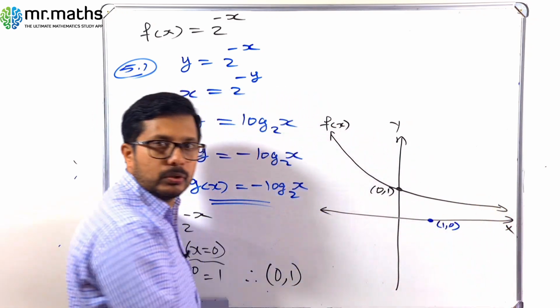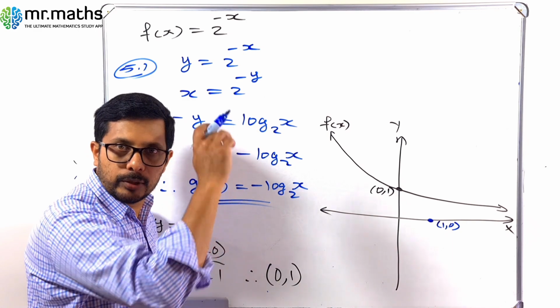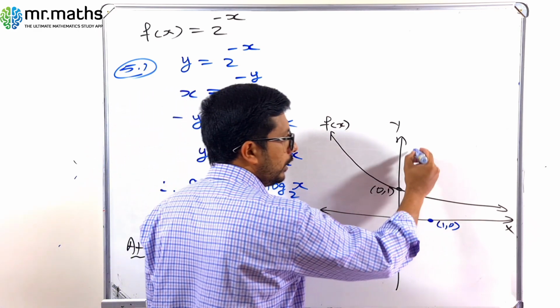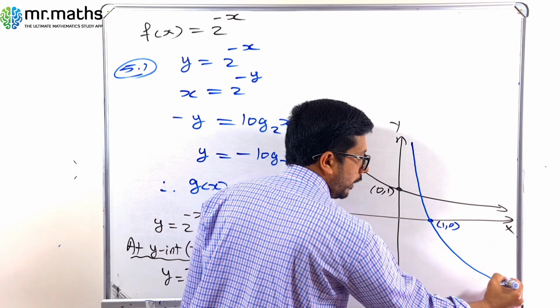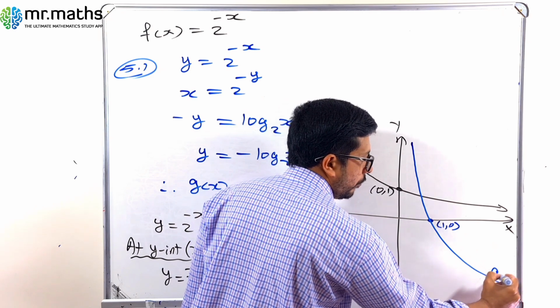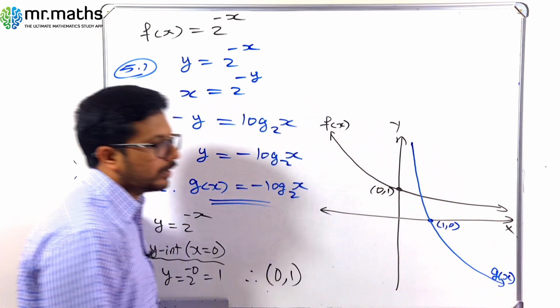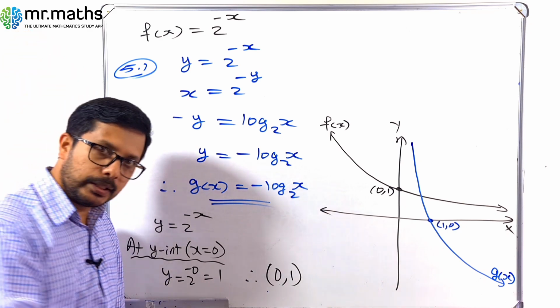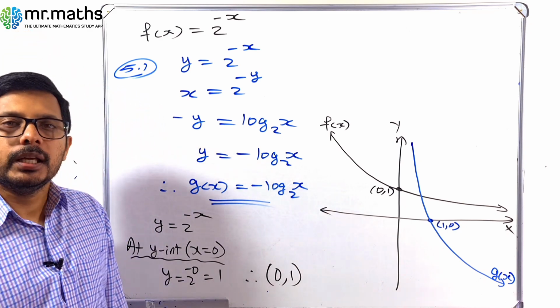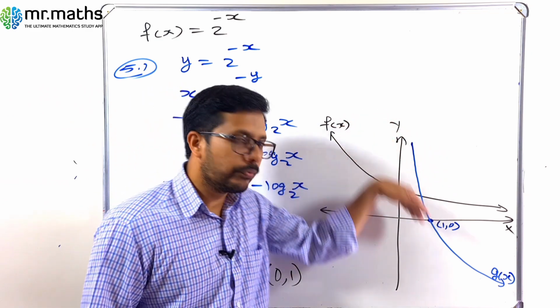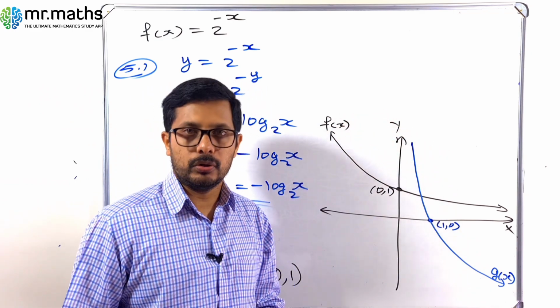So when you draw the inverse graph, it must be decreasing. How can you draw a decreasing graph? Like this. And this is g of x. That graph is g of x, a decreasing graph.